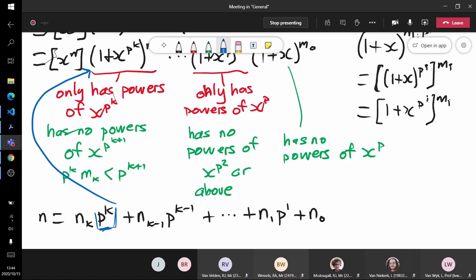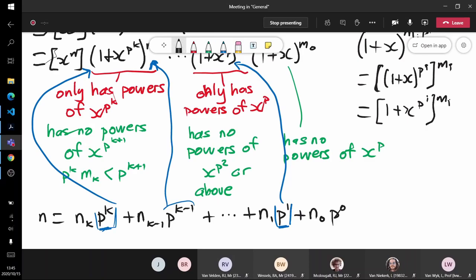The only place you're going to get a power of p to the k minus 1 is in the next bracket, which I didn't quite include here. The only place we're going to get a power p to the 1 is going to be in this bracket. And the only place we're going to get this power of p to the 0 is going to be in this bracket here.